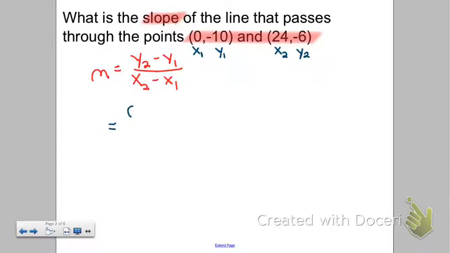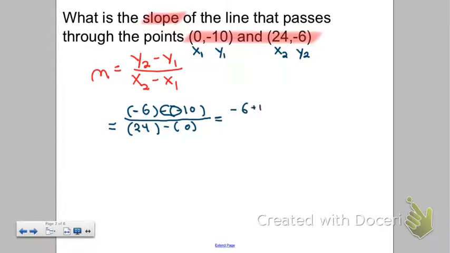Now, when you're substituting them into your slope formula, you want to be sure to use parentheses. So my y2 is -6, my y1 is -10, my x2 is 24, and my x1 is 0. When I have two negatives together, that is going to turn into a positive.